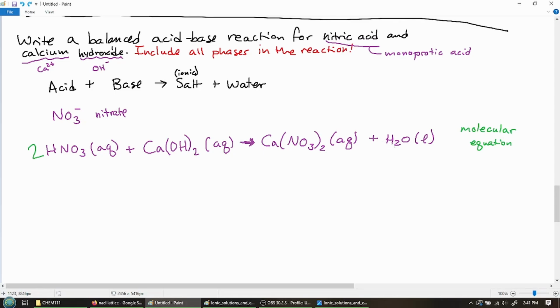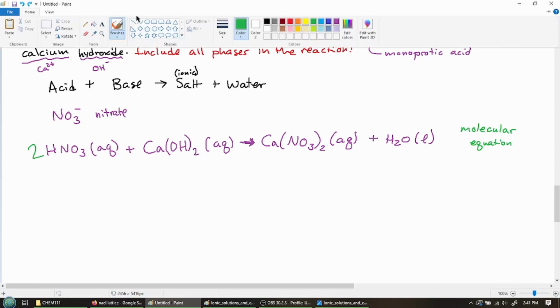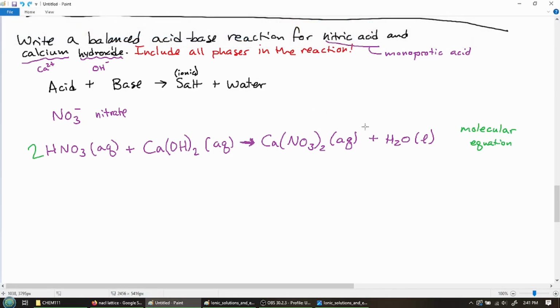And I only have 2 over here. So total on the reactant side, it looks like I've got 4 hydrogens. 2 from the nitric acid and 2 from the calcium hydroxide. So let me move over that plus a little bit so I can try putting in a 2 in front of the water, and we'll see what that does for us.